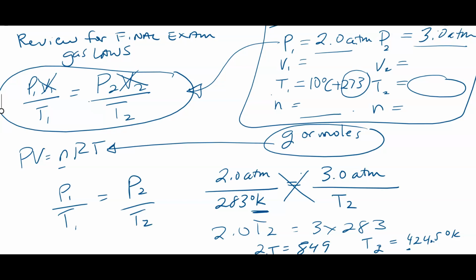It's like if I got a paycheck of $4 and I was supposed to get in the 400s, I would be really upset. So my answer has to be in the hundreds place, but it can only show 1 sig fig. So my answer is going to be 400 degrees K. No dot. If I put a dot, that's going to be 3 sig figs. So only 1 sig fig, but it has to be in the right size that I'm looking for. So my answer is going to be 400 degrees K.